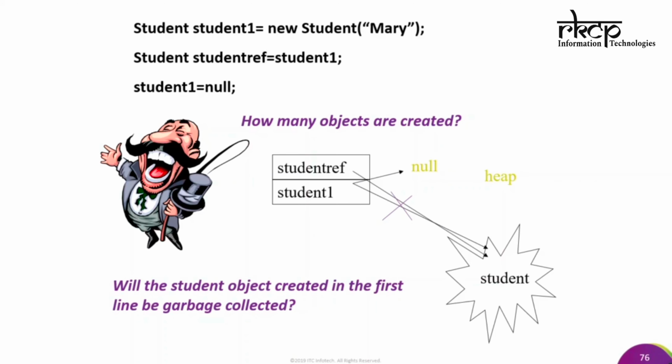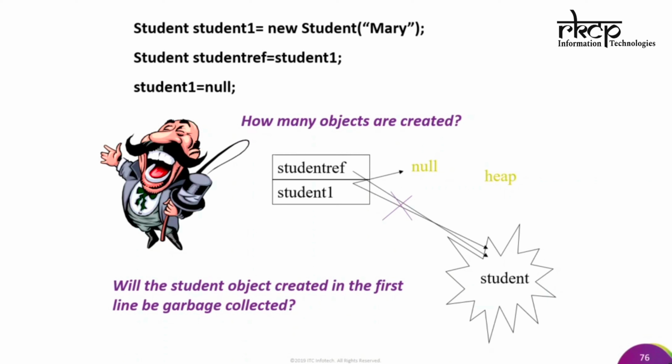In this scenario, I have created one object of student, that is student1, and student ref is going to refer to it. If I say student1 equal to null, the value of student1 will no longer be there, but since I already referred to it with student ref, using student ref you can still access that memory.